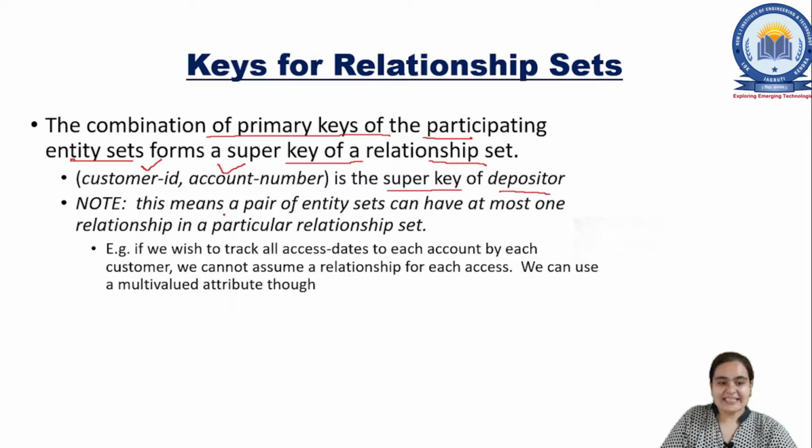But this means a pair of entity sets can have at most one relationship in a particular relationship set. If we wish to track the access date, we can also take it into account.